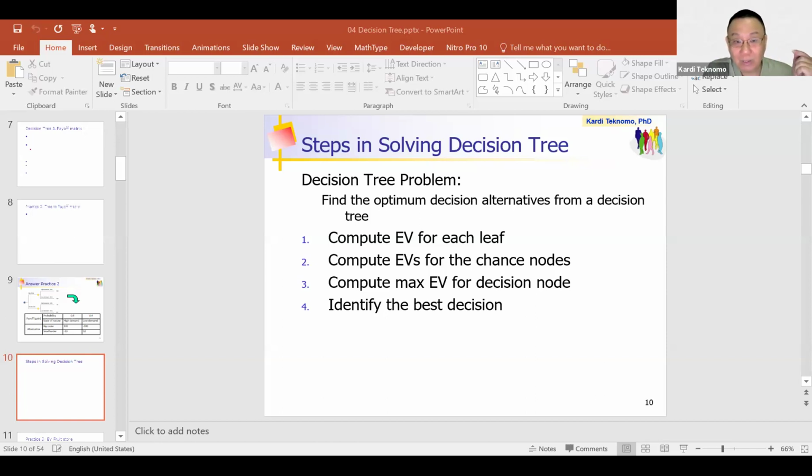First, compute the expected value for each leaf node. Then you compute for the chance node, and then you maximize for the decision node, and then you identify the best decision. Okay, let's start with that.